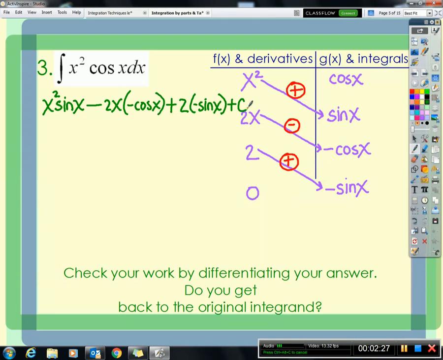Now, most of us will do what I'm going to do in one step rather than writing it in 2 steps. That's fine. I'm just writing it in 2 steps this first time around.